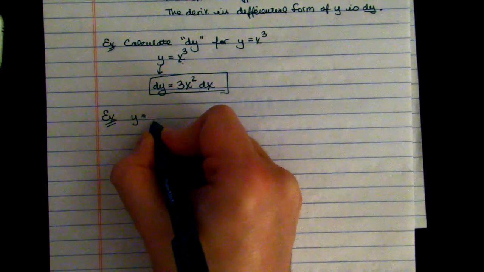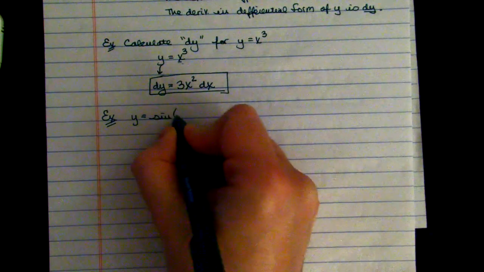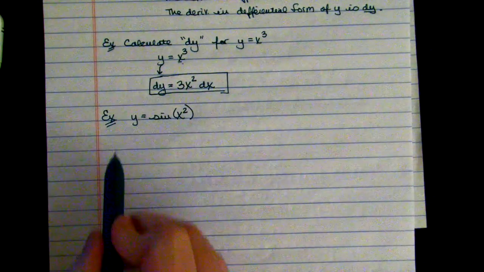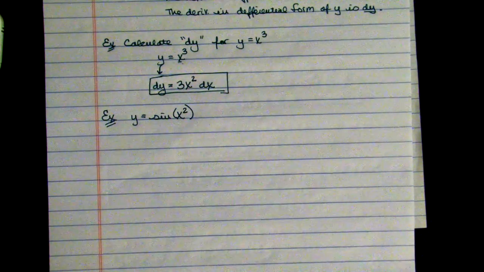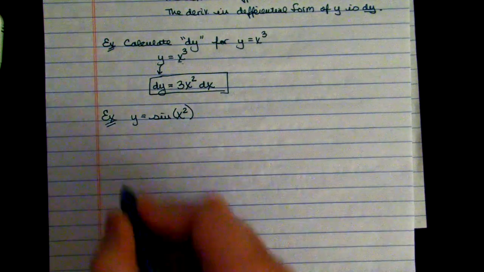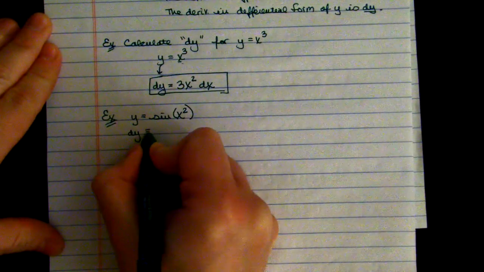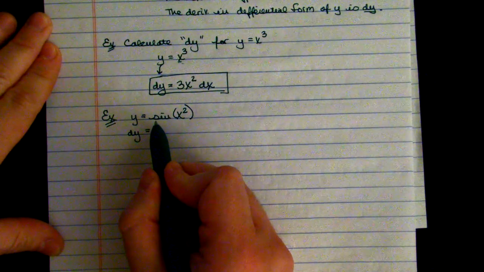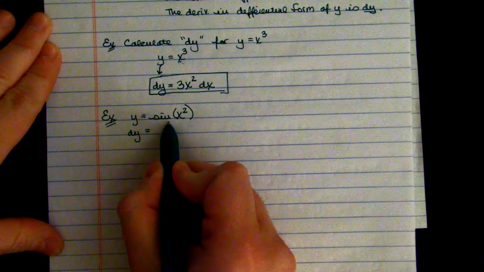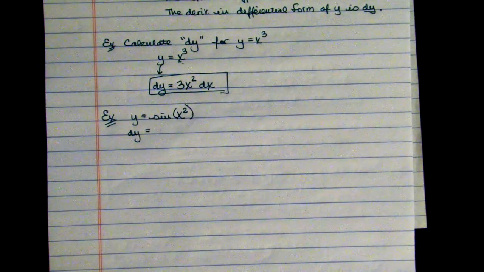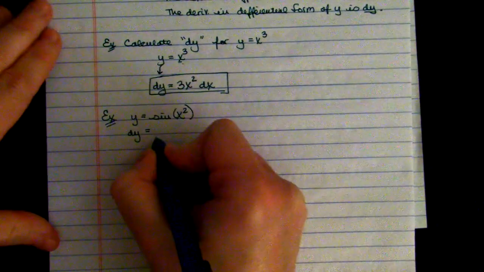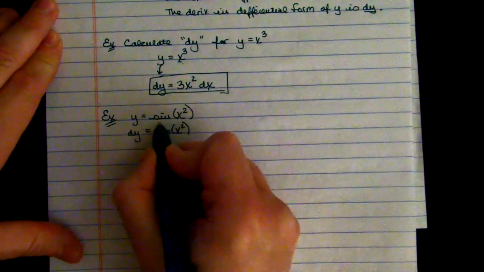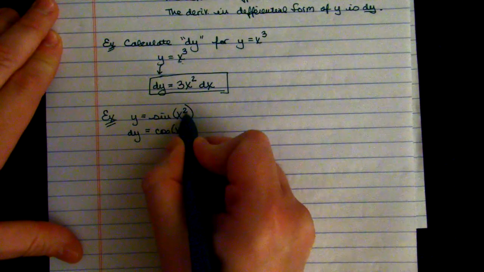Let's say y equals the sine of x squared. The derivative of y. What's the derivative of y? I hope you just said dy. On the right, I need to use three-part chain rule. On the outside, I need to do the derivative of sine. Well, the derivative of sine is, I hope you just said cosine, so I'm going to say cosine x squared. Inside my sine, I had a something squared.